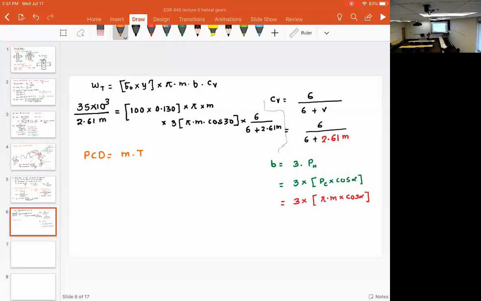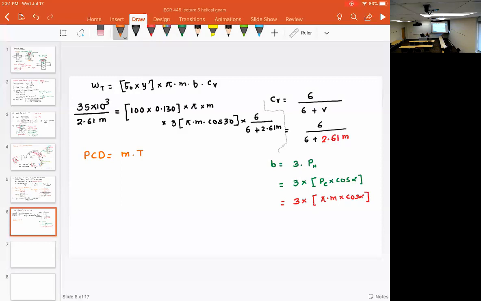Because Lewis's equation is derived for spur gear, but our gear is a helical gear. So we will be considering T, not TE. TE will only be used when you are finding out the value of Y prime. Everybody understood this?